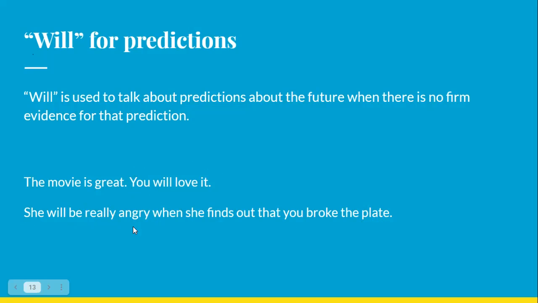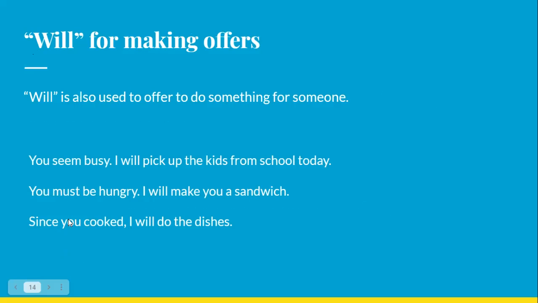So you can say, she's in a bad mood, she is going to be really angry. That shows the evidence that she's already in a bad mood. She's going to be really angry when she finds out you broke her plate. But over here, we don't know her mood, we don't know the circumstances. So this is not based on evidence. This is just a random prediction based on what you think.